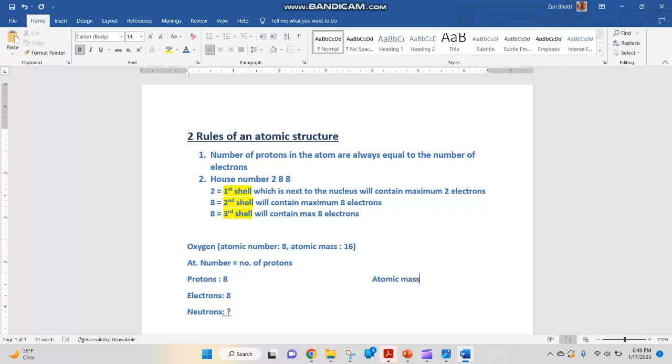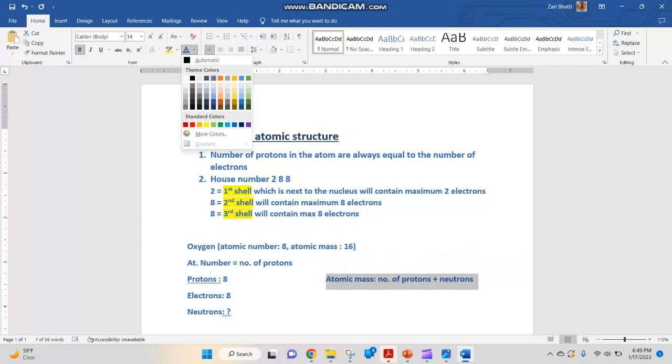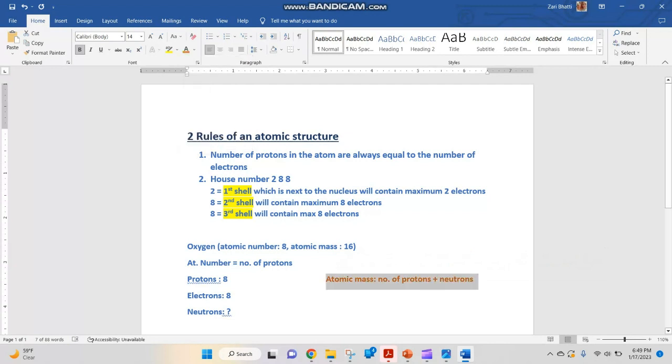Atomic mass, we know that it is the number of protons plus the number of neutrons. Okay, so here we are. So atomic mass is the number of protons as well as the number of neutrons.